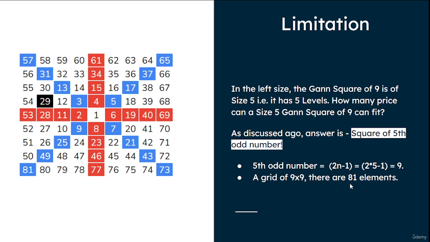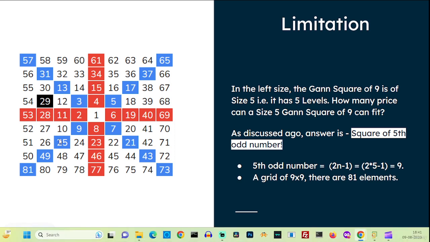You can also calculate it this way: this is the fifth odd number because it is of size 5. The fifth odd number means 1, 3, 5, 7, 9, and 9 squared is 81. So the total number is 81 in a size of 5. As simple as that. It is the whole square of the fifth odd number. So that's how it comes. Let me show you.